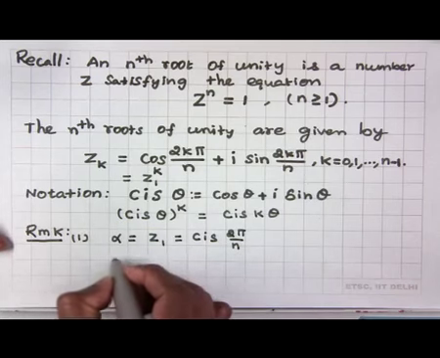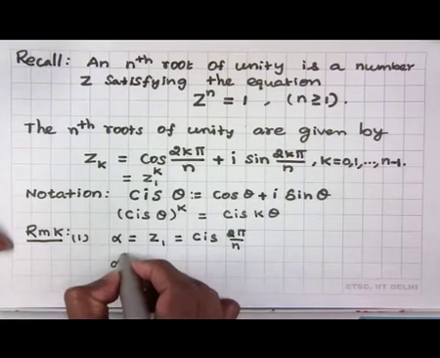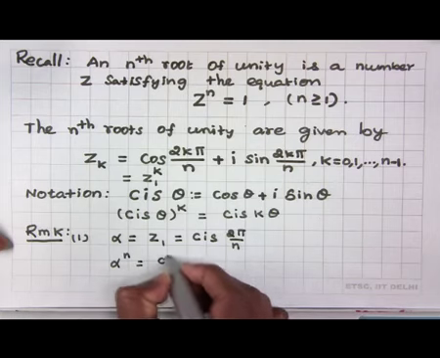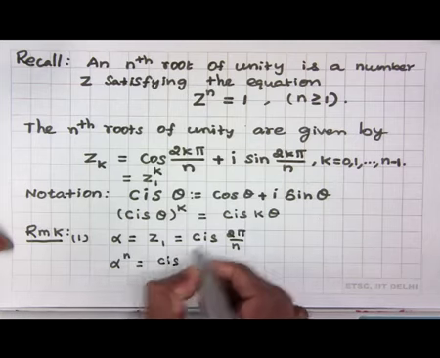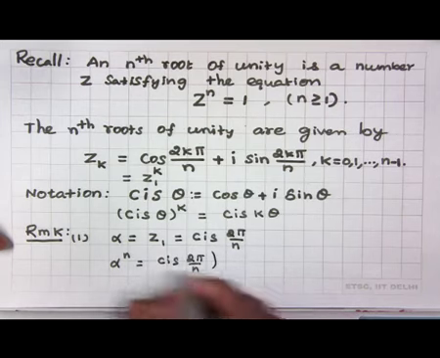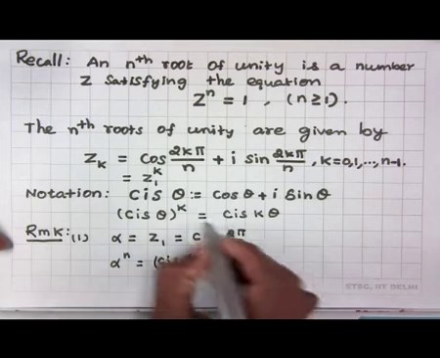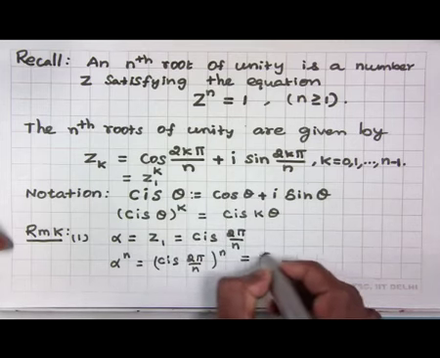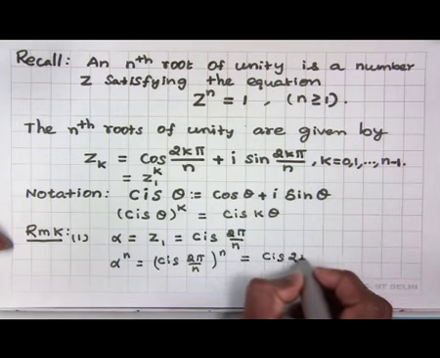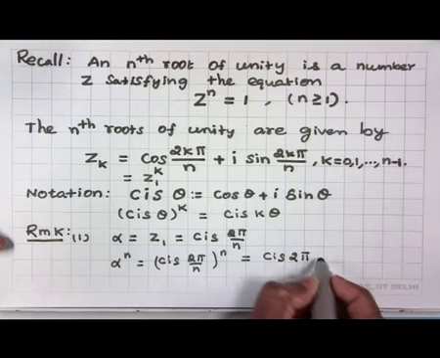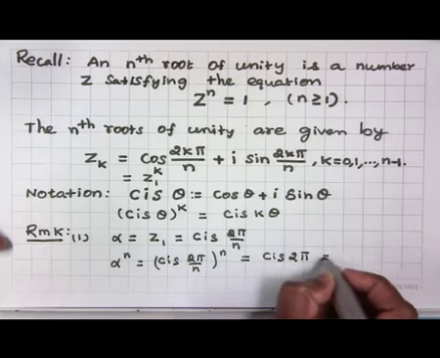If we raise the power n for alpha, what we get is cis 2 pi by n power n. By the above rule, we see that cis 2 pi, which is nothing but cos 2 pi plus i sin 2 pi, which is 1.